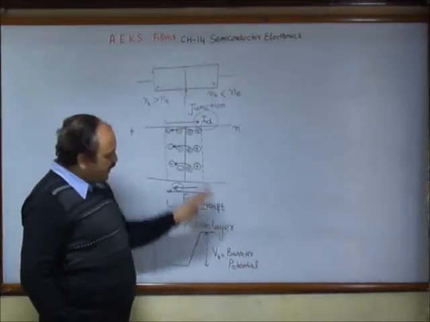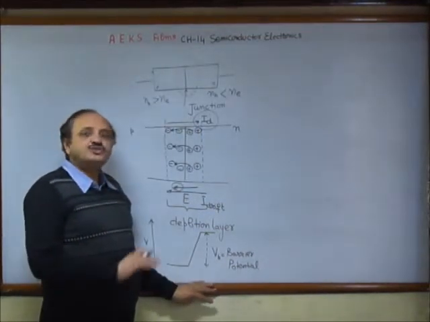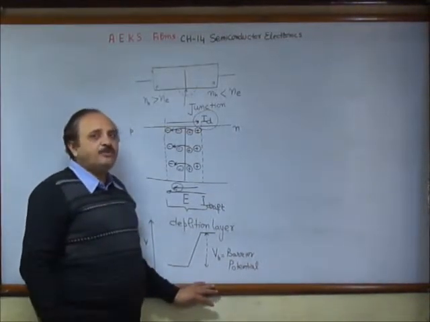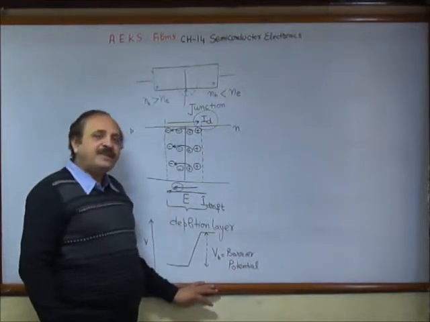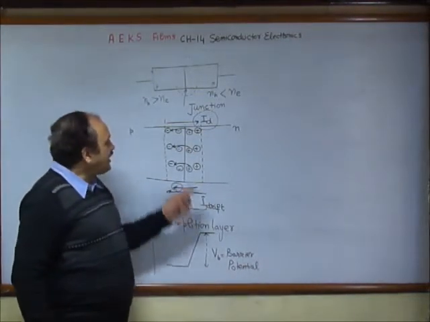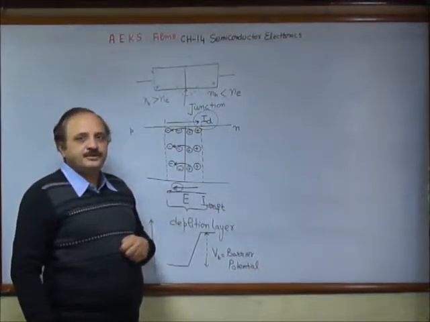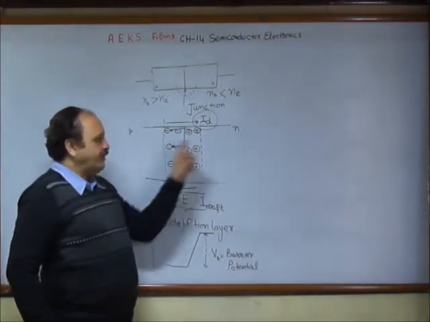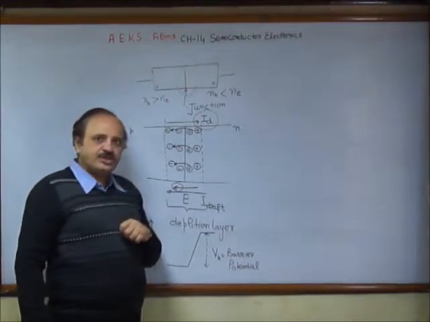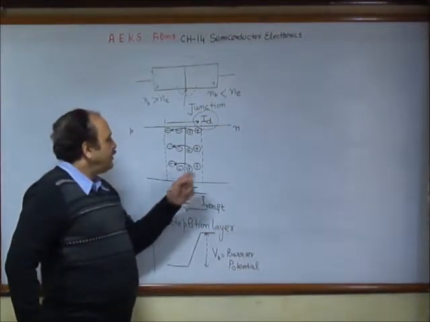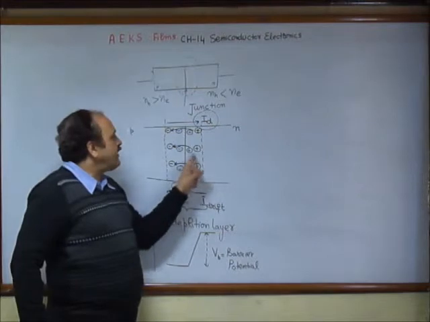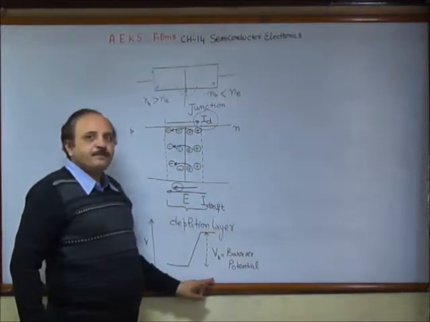Now this is the story when there is no external electric field provided. Interestingly, one cannot measure this voltage directly using a voltmeter. If you connect a voltmeter across a PN junction, you are not going to get the measurement of this barrier potential directly.